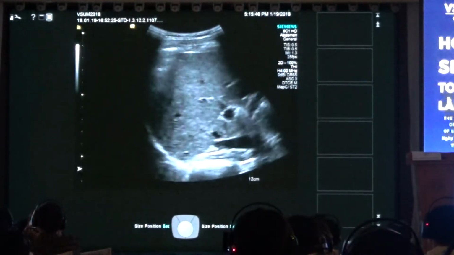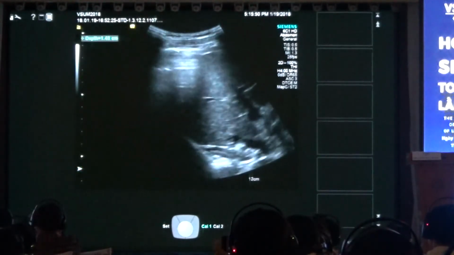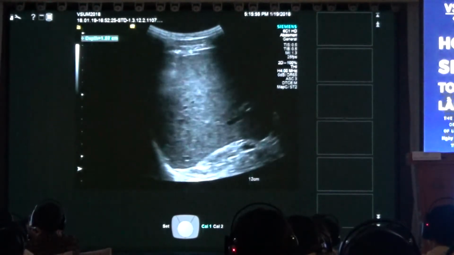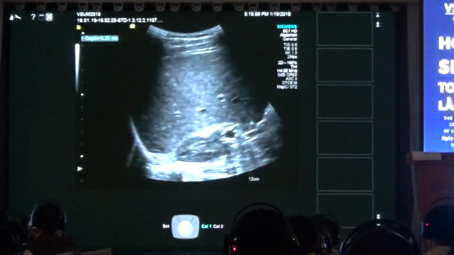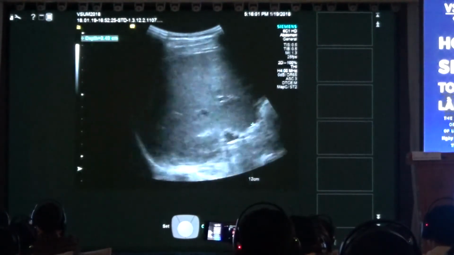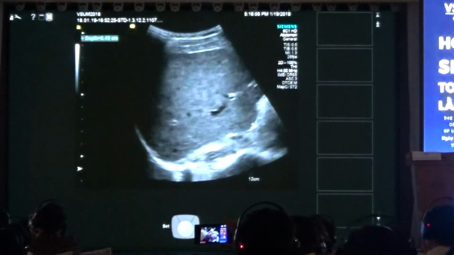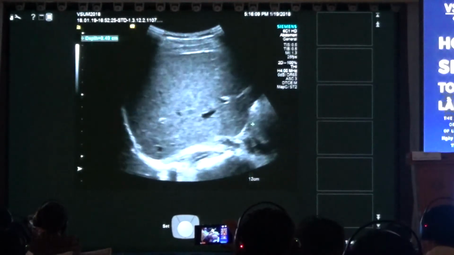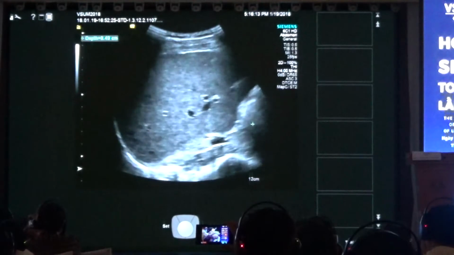I'm looking for air in the lung, the costodiaphragmatic recess. I'm looking for the Morrison pouch right here to see free fluid. So this position of the patient and this handling for shear wave elastography gives me quite a lot of information. Okay? So that is how I handle my patient.